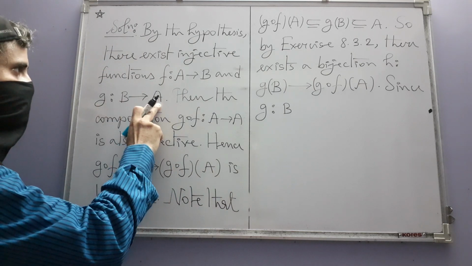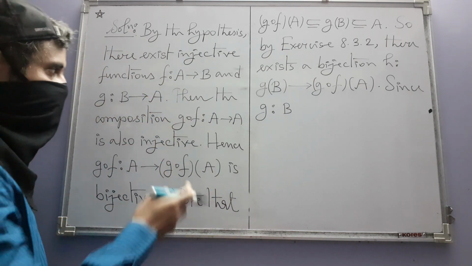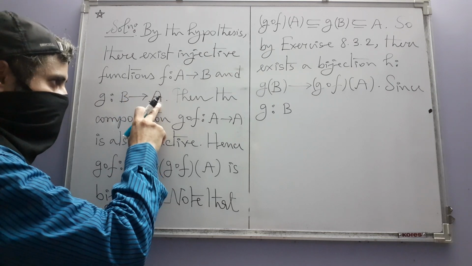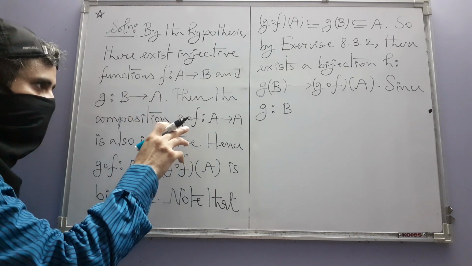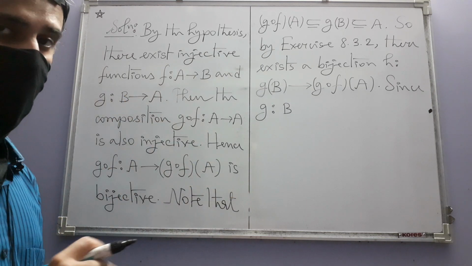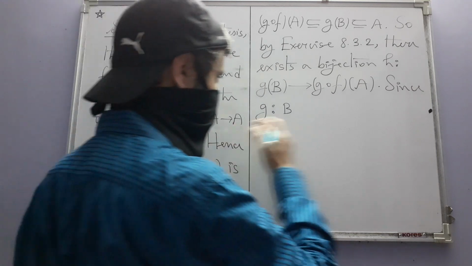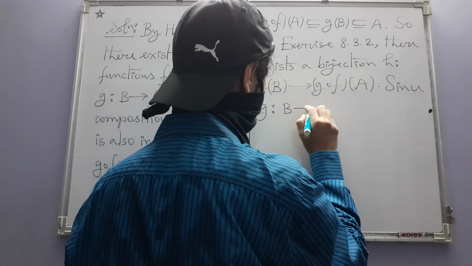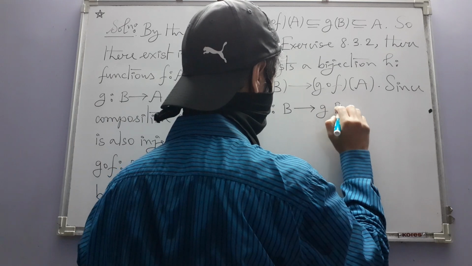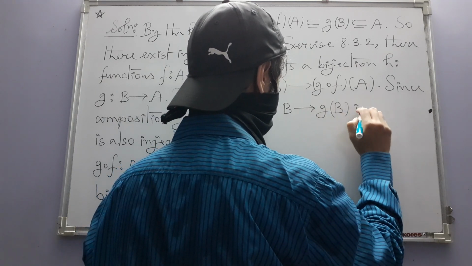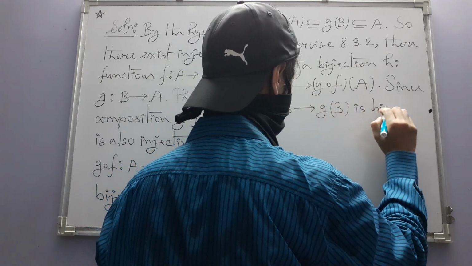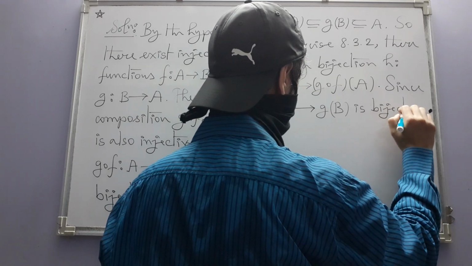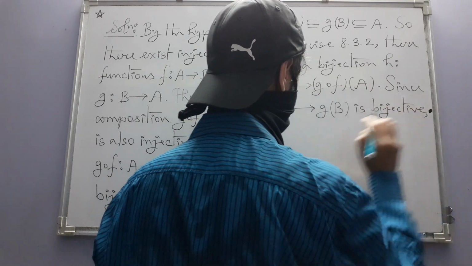From B into A, and it was injective. But now if we replace the range A with the image set G of B, then it will be bijective, because then it will be surjective as well.